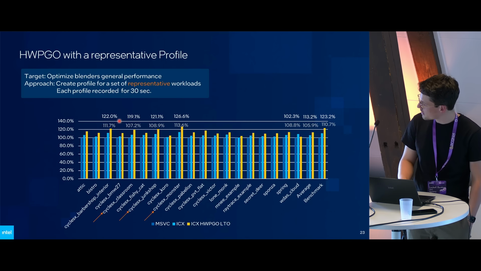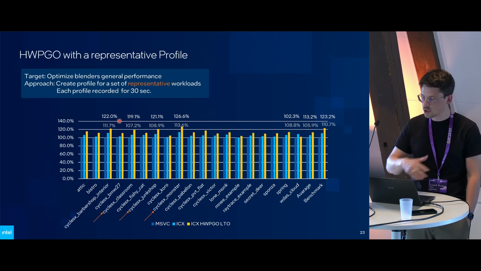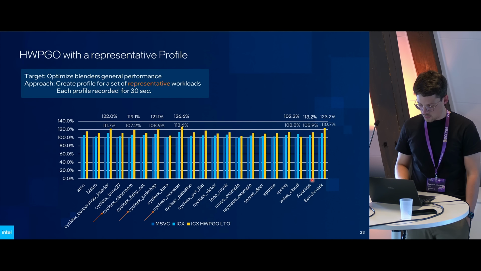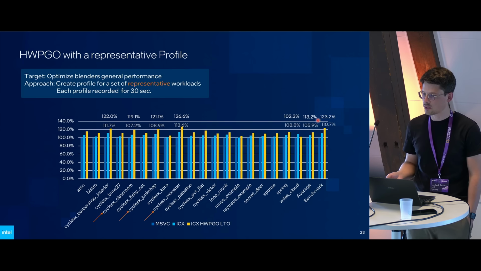Take this barbershop interior scene here, which wasn't considered in the profile, still a 22.0% speed up and 8% coming from HWPGO. I have the average of all scenes here, 6% of all scenes that we tested here, 6% for ICX, and HWPGO adds around 7% on top of it.